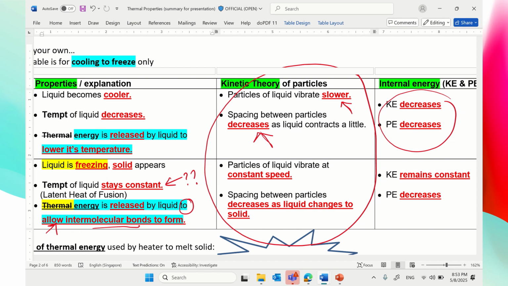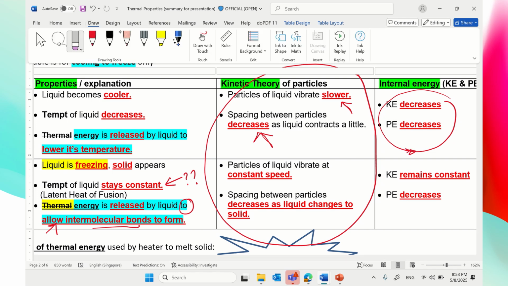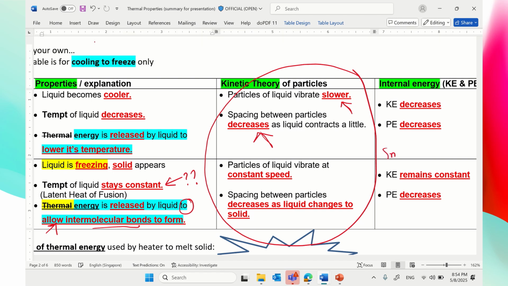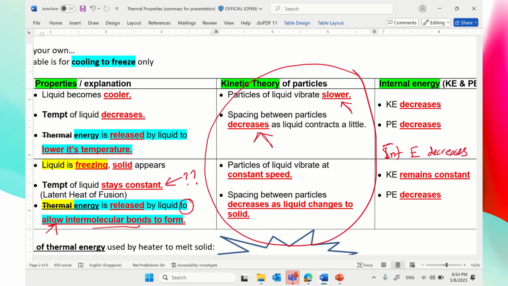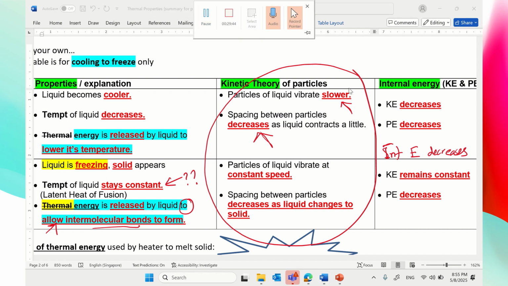So in total, therefore, the internal energy decreases, because both the KE and the PE decrease.